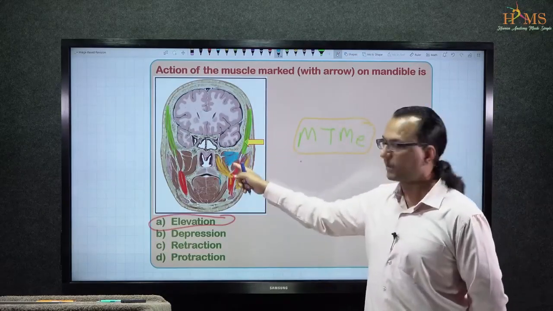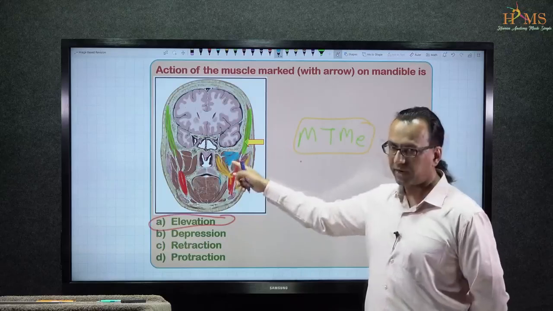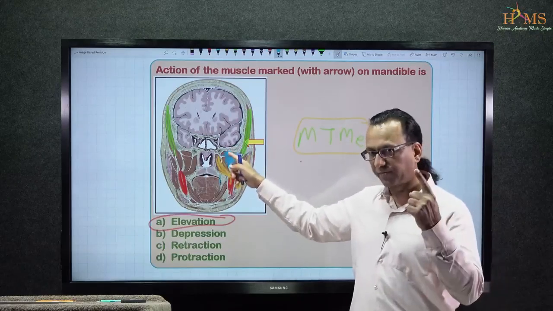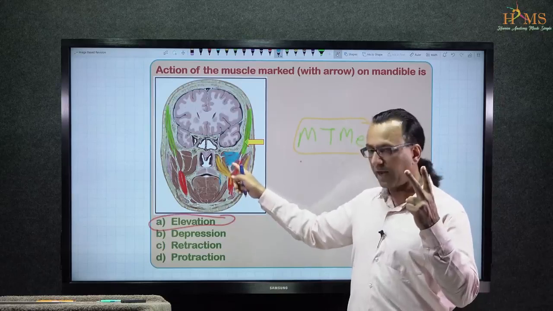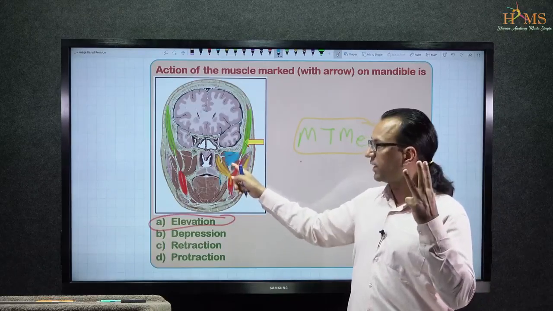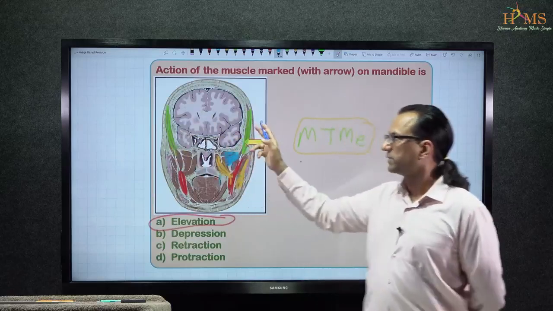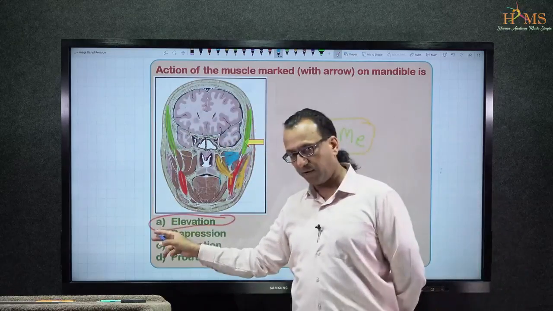Opening the mouth is the lateral pterygoid, a depressor of the mandible. It helps us open the mouth, along with 2 more muscles, the anterior belly of the digastric and mylohyoid. So we will keep our answer as attaching to the temporal bone, the temporalis muscle, for elevating the mandible.